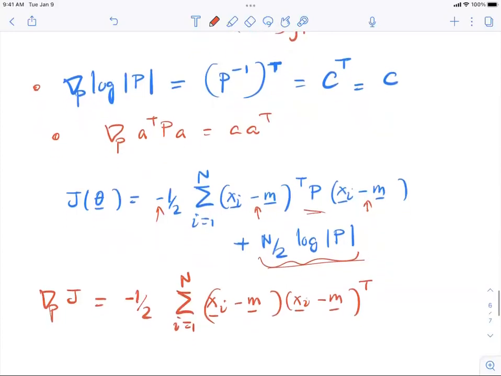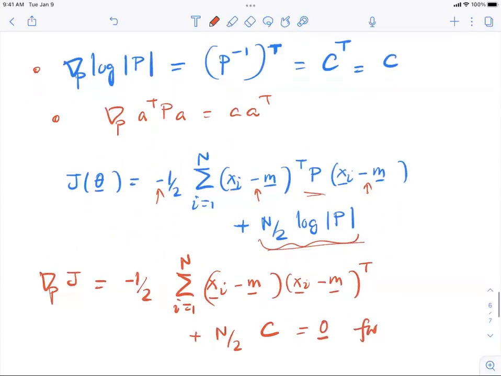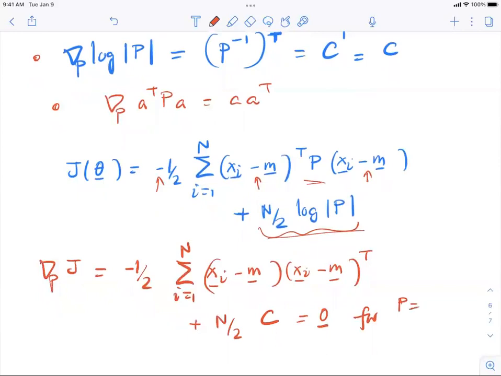I have that plus n over 2 times the gradient of the log det of P, which is just the covariance matrix, right? And this is equal to 0 for P equals P hat ml, or C equals C hat ml, it's the same thing.